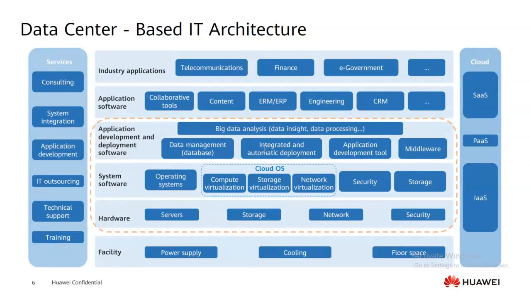So cloud provides three services: infrastructure as a service, platform as a service, and software as a service. Part of the infrastructure, we can get a lot of storage, we can get servers, network, security. All these are part of what? Infrastructure as a service. Now, I'll give you another example.